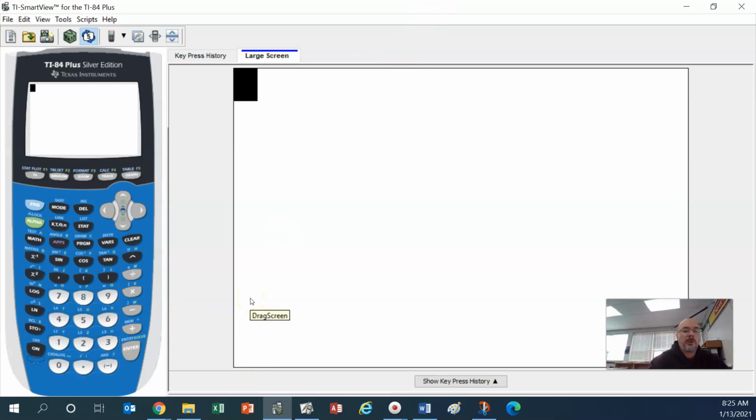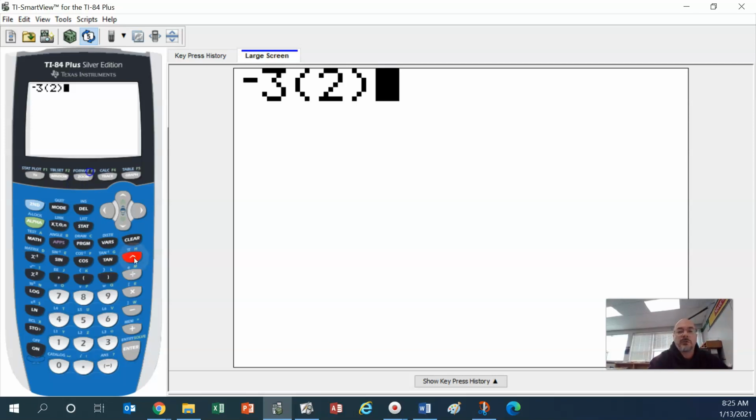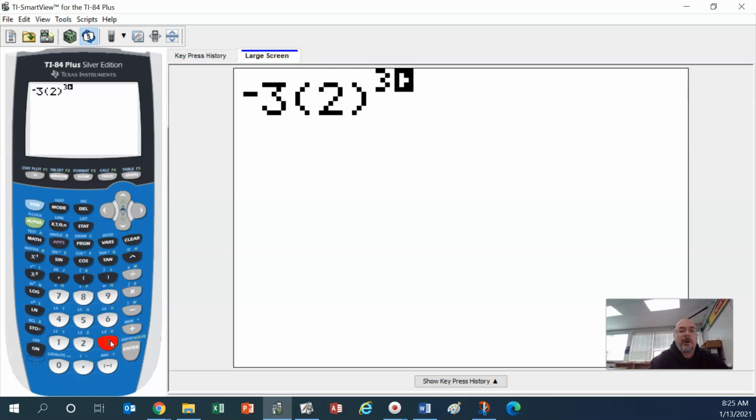So I'm going to go -3. Notice I'm using parentheses for all of my substitutions. I highly recommend that you do that. Now I'm going to put in the third power. Now I have to use my right arrow key to drop back down. Plus, then we've got 2 squared. I probably don't need parentheses on that one, but I'm going to put them there anyway.